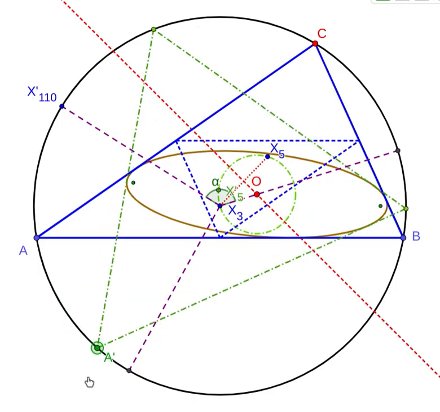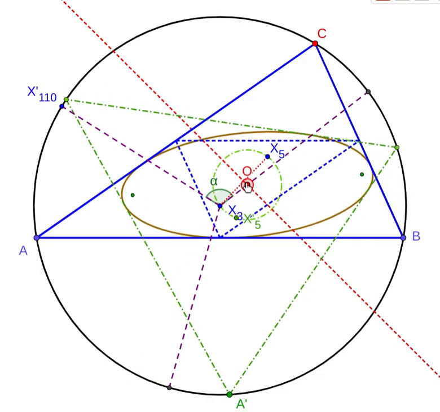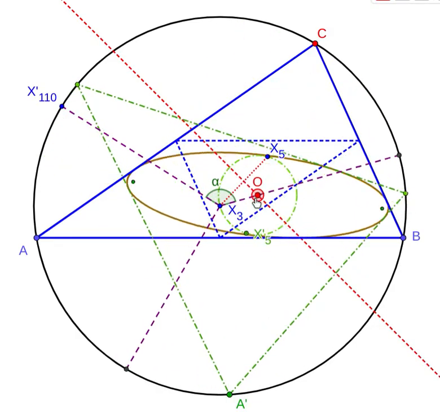So what Mark Helman derived was that this corresponds to having the center of the inconics lie on the perpendicular bisector of X3 X5 of ABC.